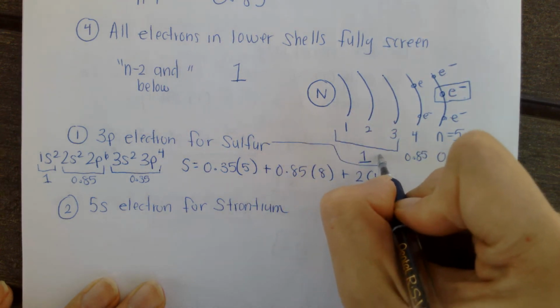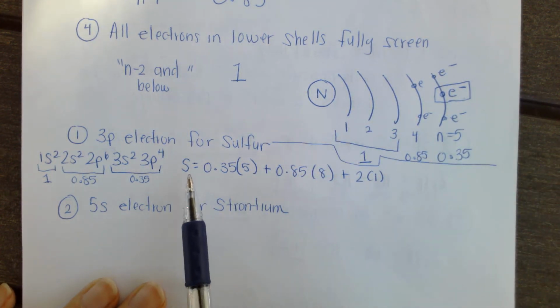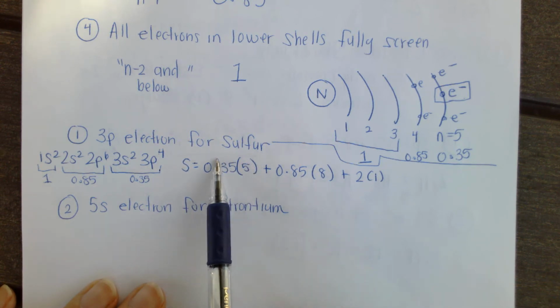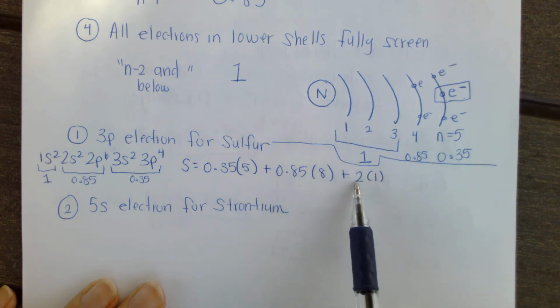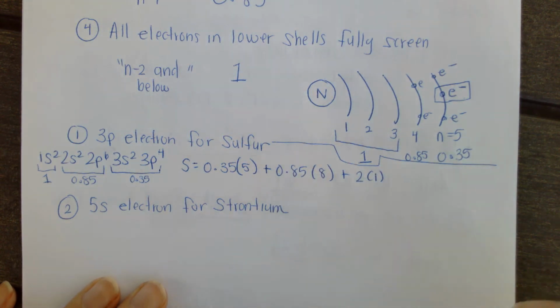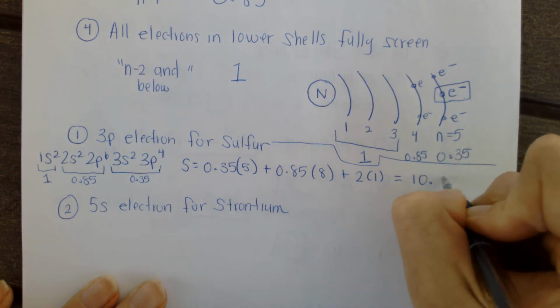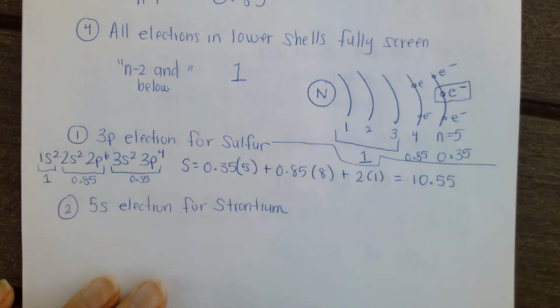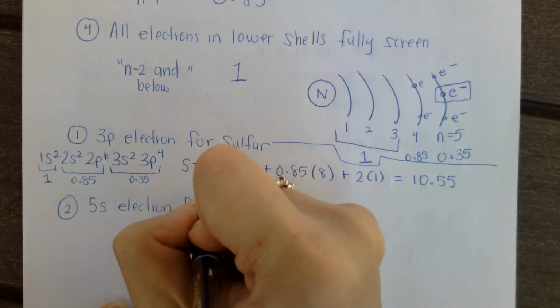Okay, so that is now how we're calculating S. Same shell electrons screen at a value of 0.35, next shell down 0.85, and then all other ones, 1. If we calculate this now, it's 10.55. So now our screening constant is 10.55 because we've taken into account the same shell electrons.